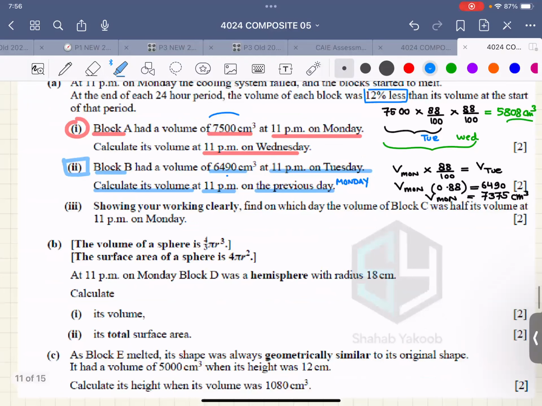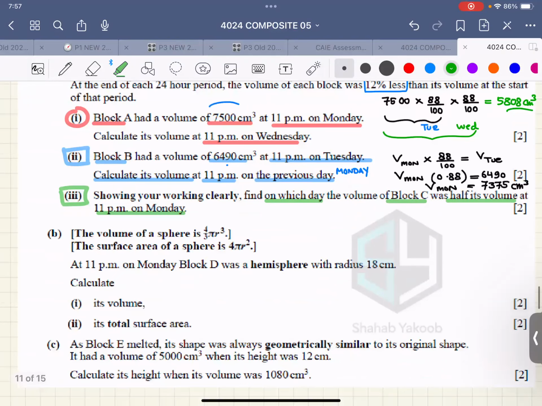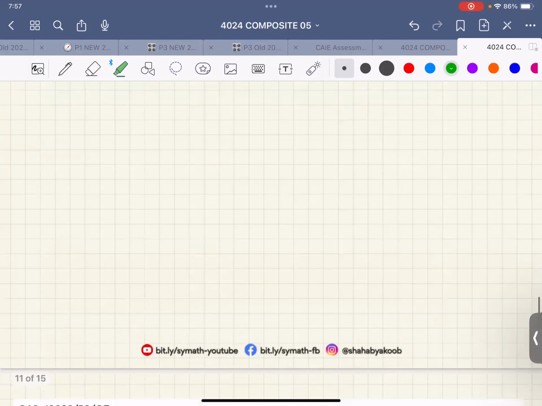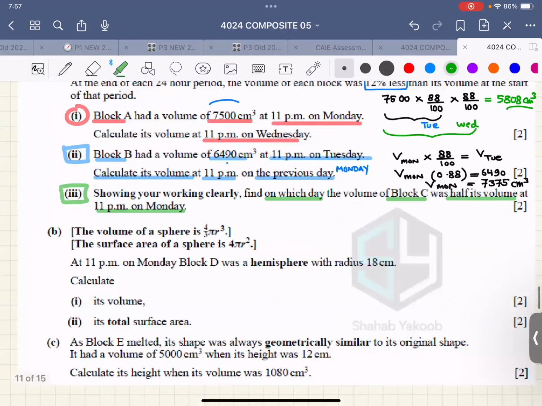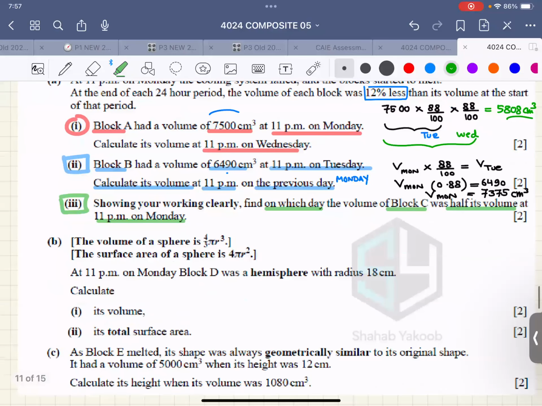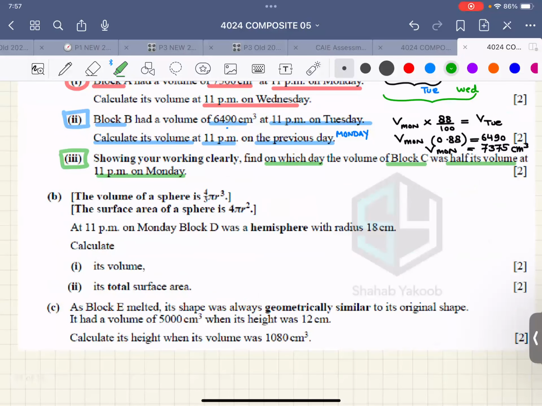Now it says part 3. Showing your working clearly, find on which day the volume of block C was half its volume at 11 p.m. on Monday. So now it says half the volume.